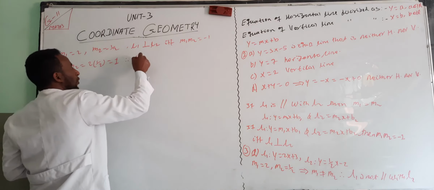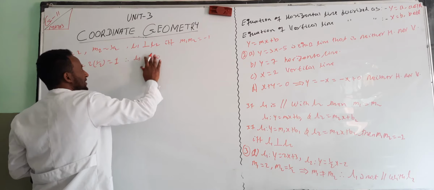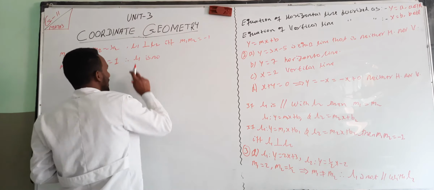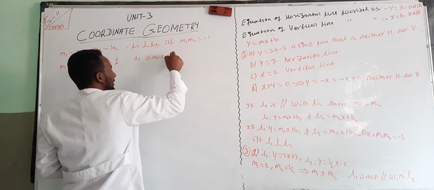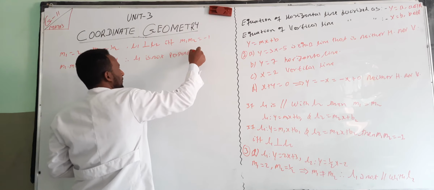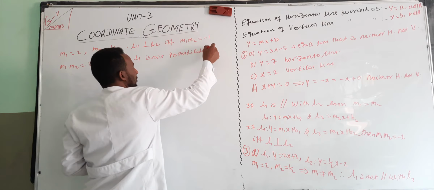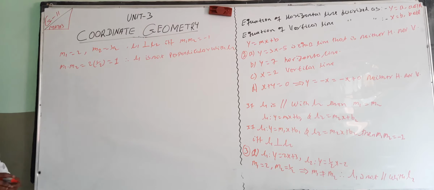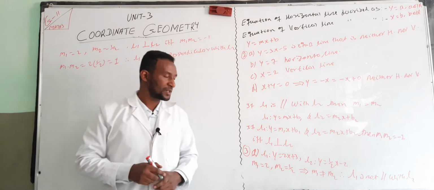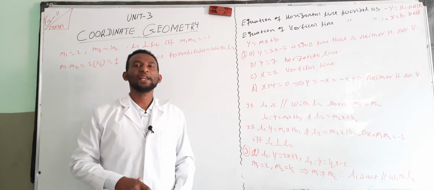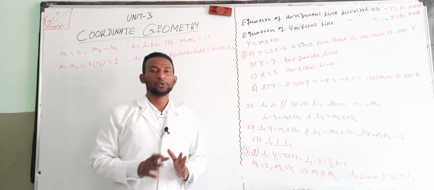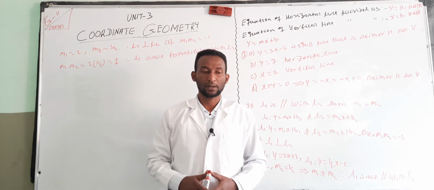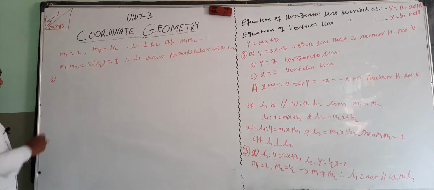Therefore L1 and L2 are not perpendicular to each other. So this pair of lines is not perpendicular and not parallel, but they intersect each other. Let us see B.